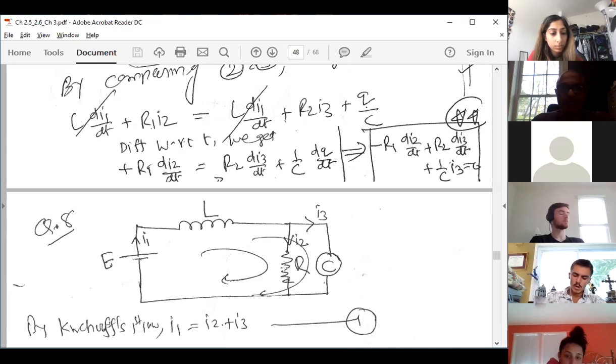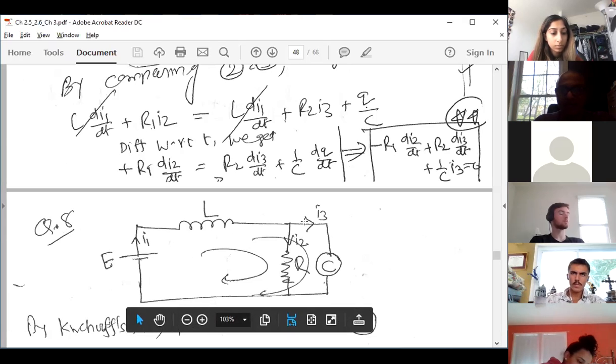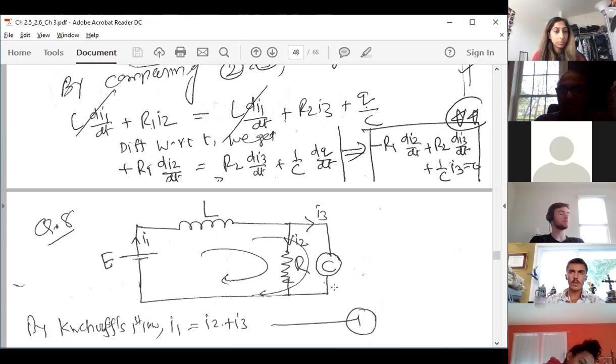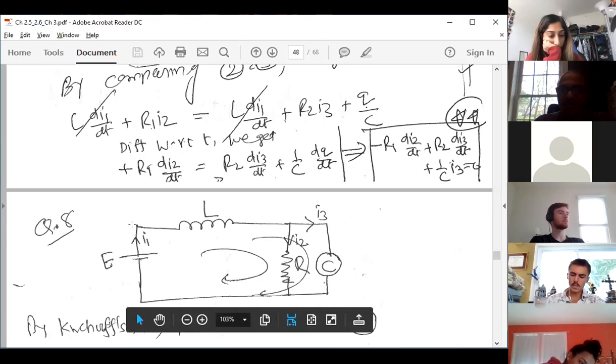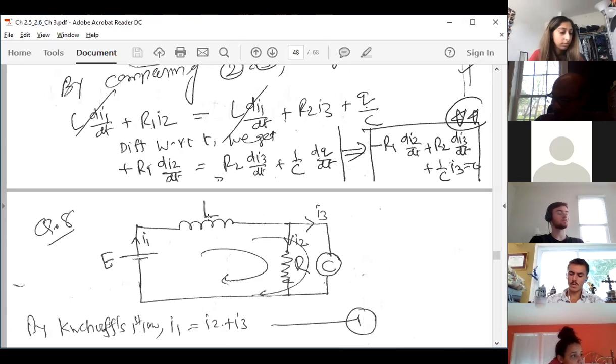My second loop, that is A, B, D, F, H, A. So again, it passes through L, so I can say L di1 by dt.